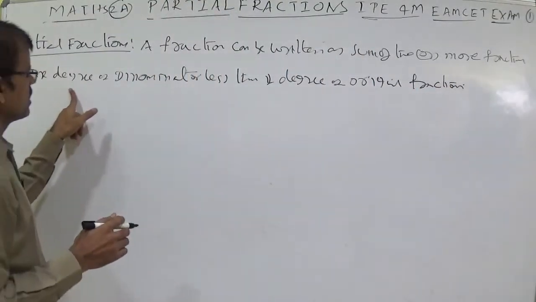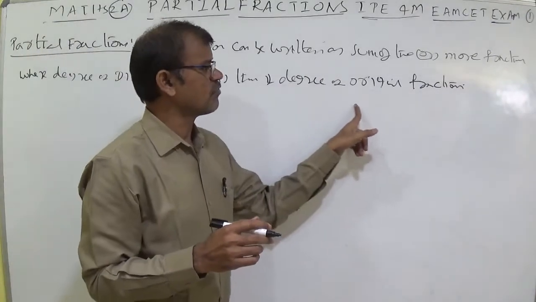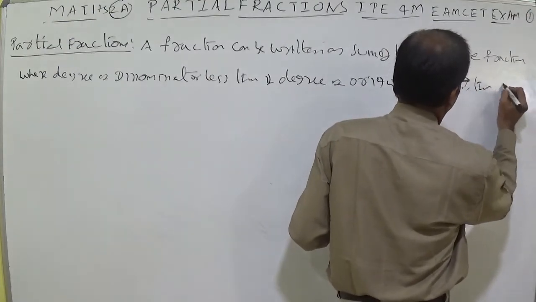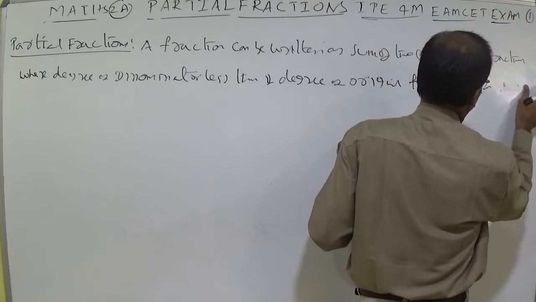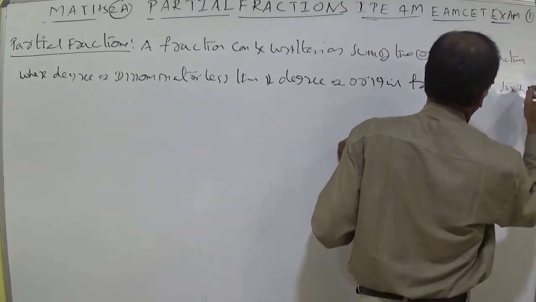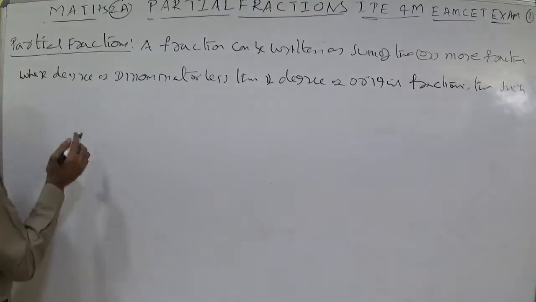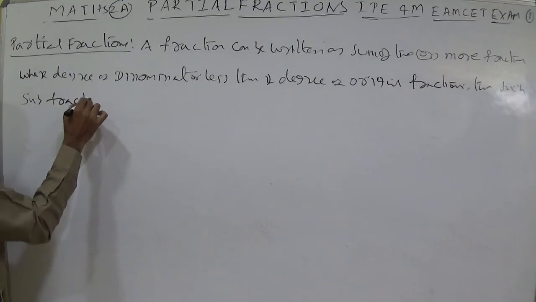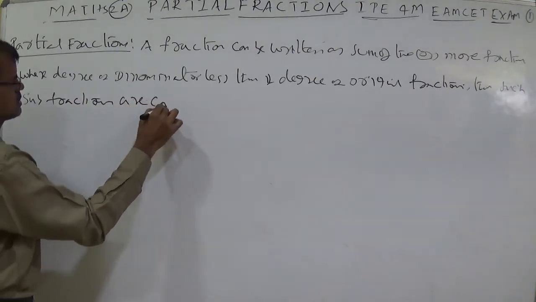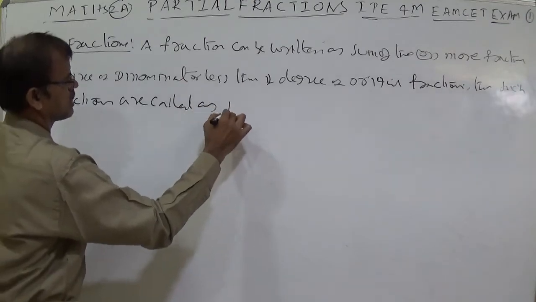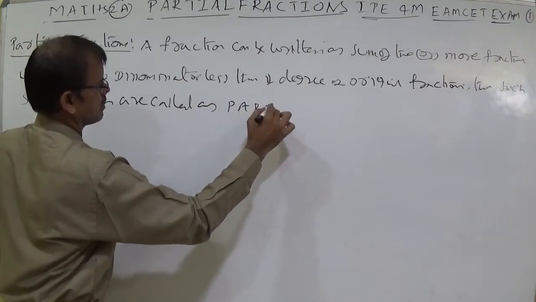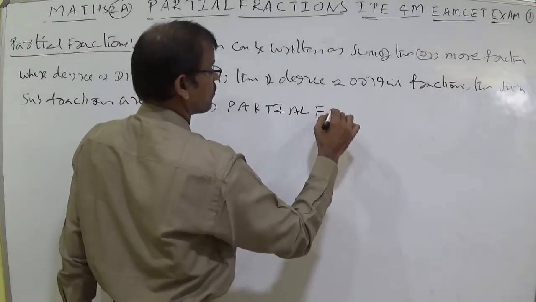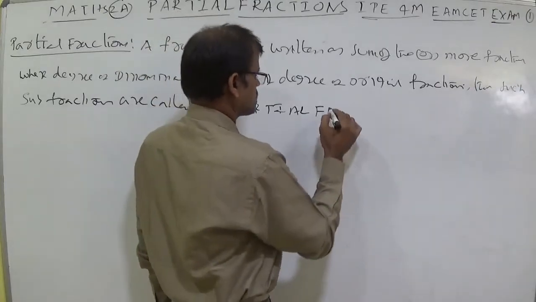Condition: where the degree of denominator is less than the degree of the original fraction. Then such subfractions, whatever we are writing as the subfractions, such subfractions are called partial fractions of the original fraction. Partial fractions.